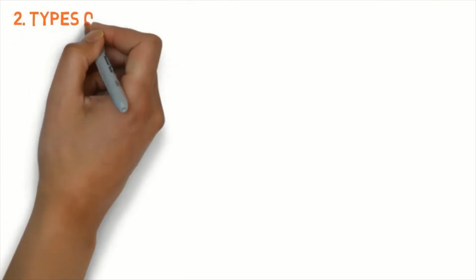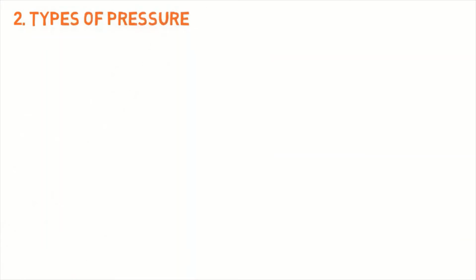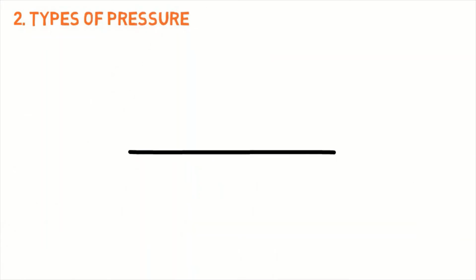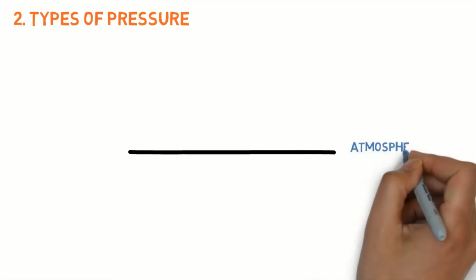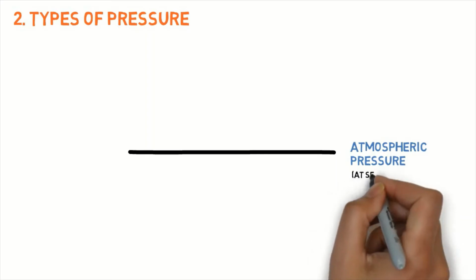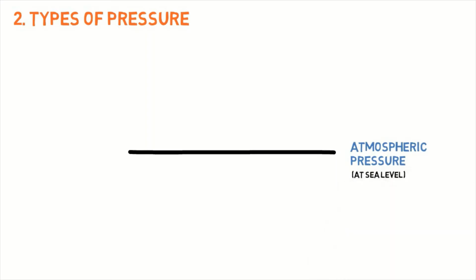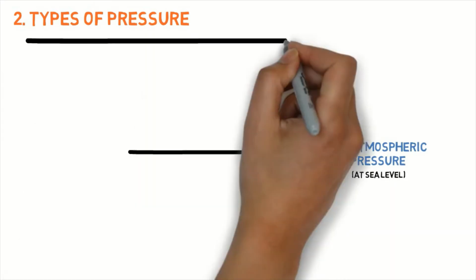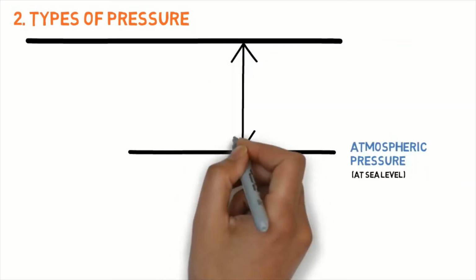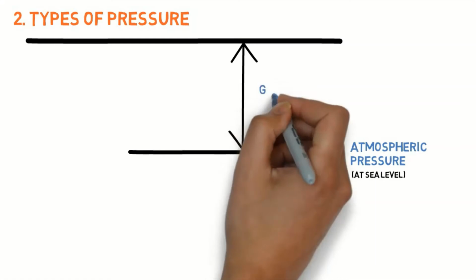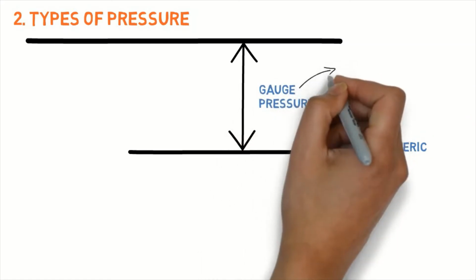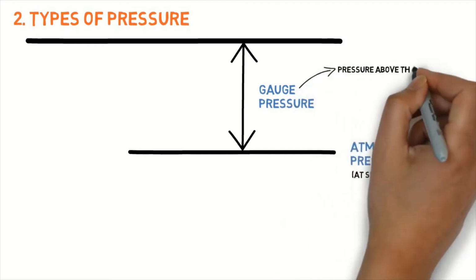Types of pressure. There are different types of pressure. We will see 5 important types of pressure here. Atmospheric pressure at sea level. Gauge pressure is the pressure above atmosphere.